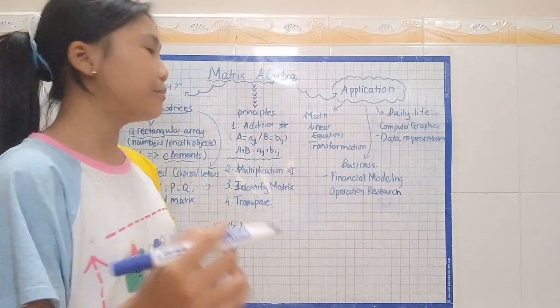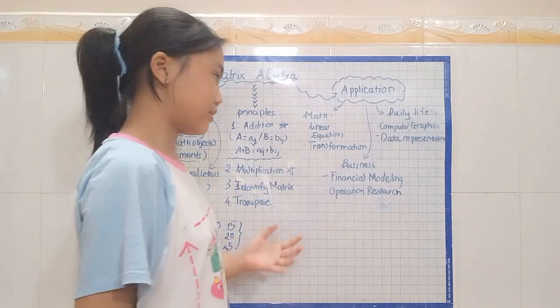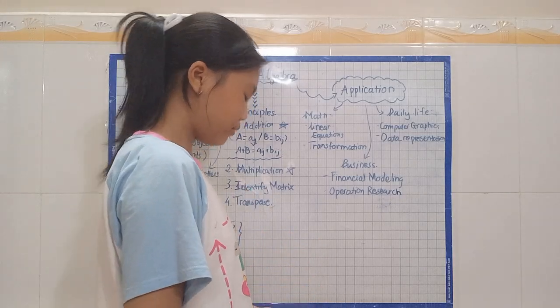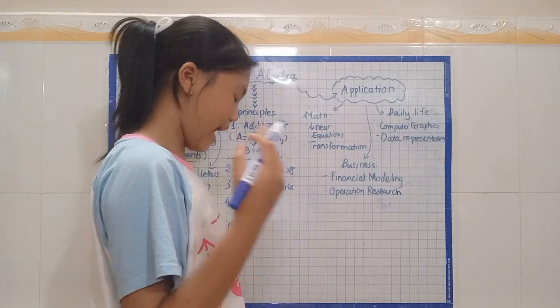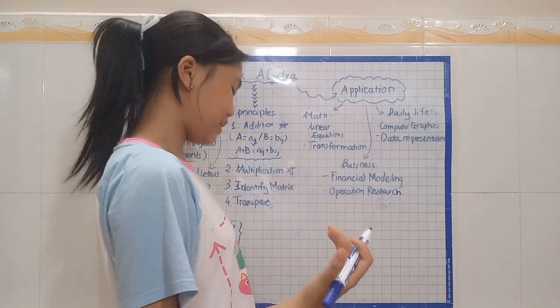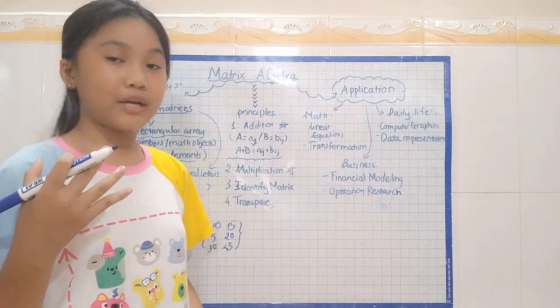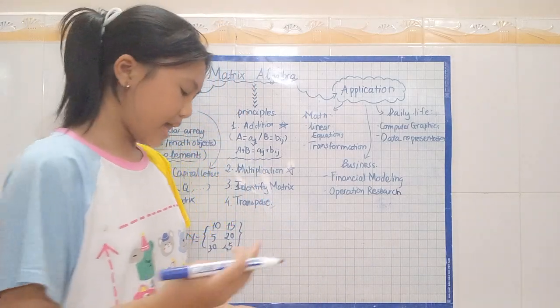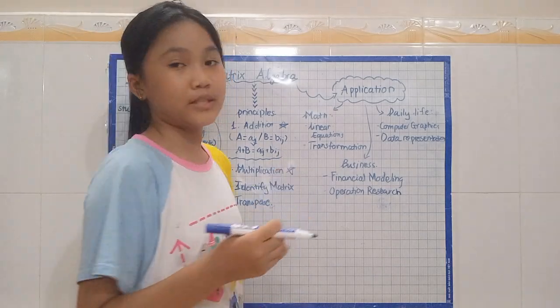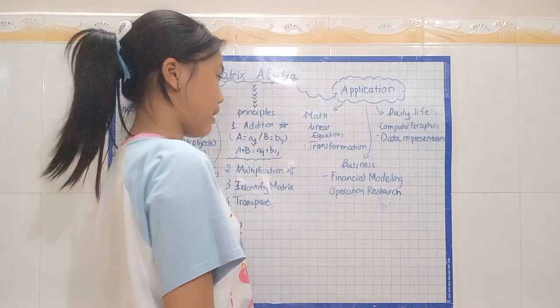It's a nice way to show data. When we have to solve a linear equation, we could use matrix methods such as Gaussian elimination or inverse matrices, and it will help a lot.